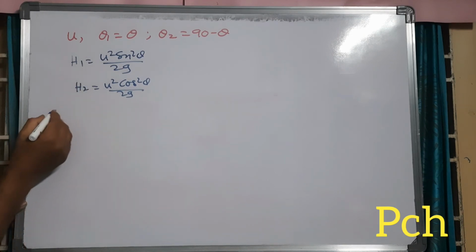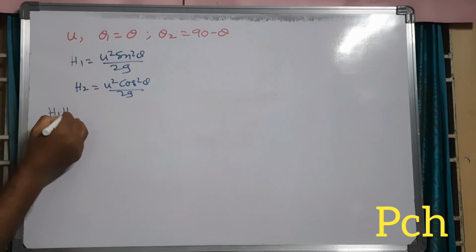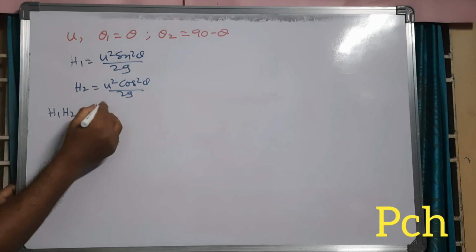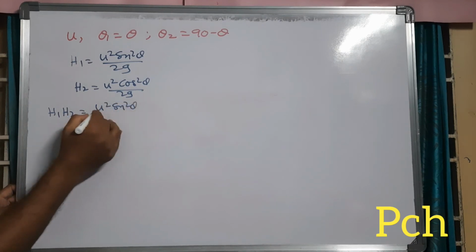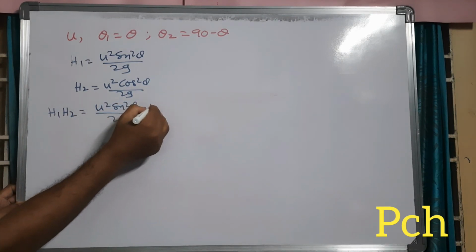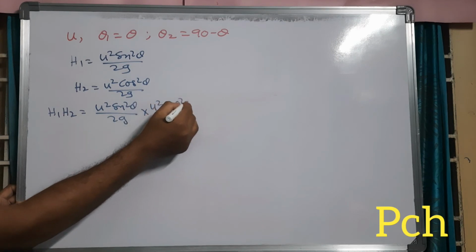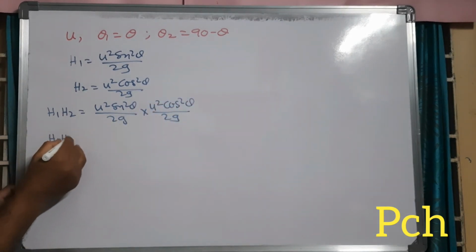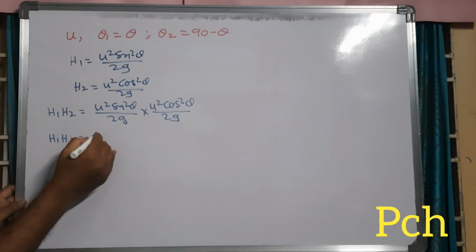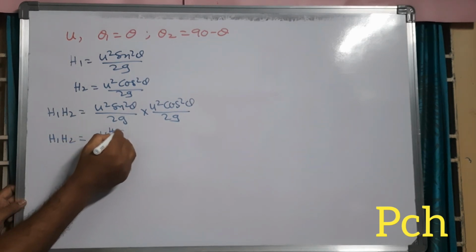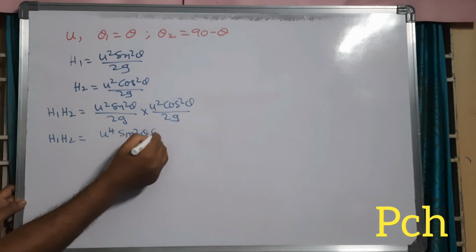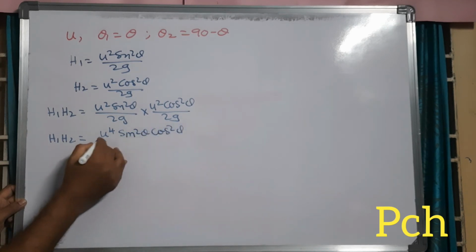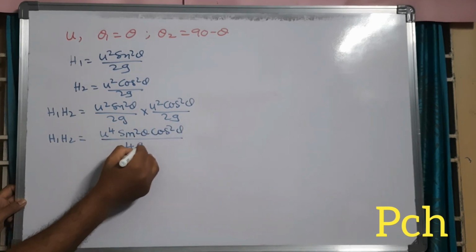If we take the product h1 h2, it is u square sine square theta divided by 2g into u square cos square theta divided by 2g. So h1 h2 is equal to u power 4 sine square theta cos square theta divided by 4g square.